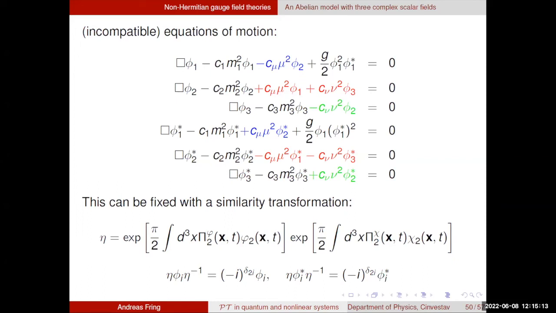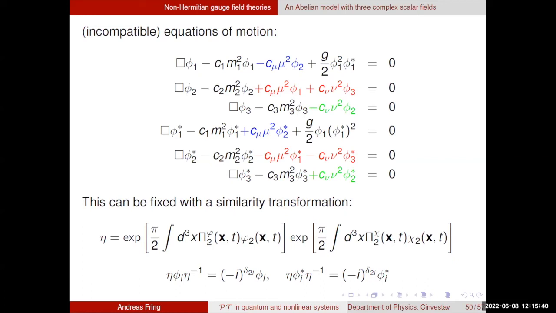And you see here, this equation should be compatible with this one, but it's not the complex conjugate because of these terms. There's a minus sign, and the C's are real. And so is this equation not compatible with this one because of these minus signs here. And also here, this green term spoils the compatibility. So this is a general problem if you have non-Hermitian theories and you vary.